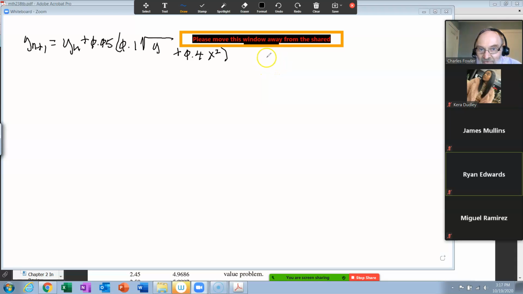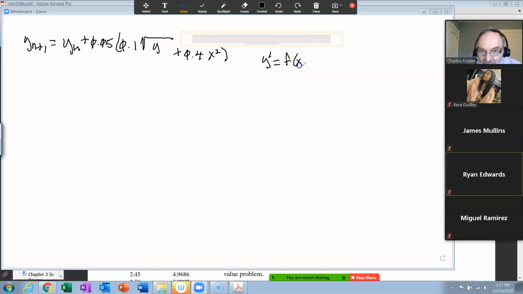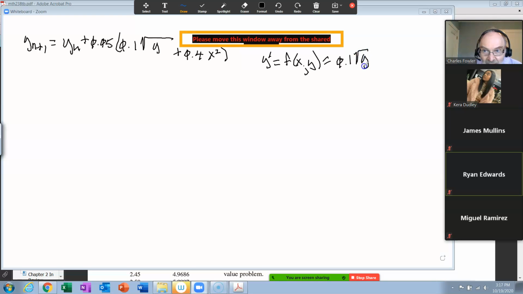Okay. This is assuming, remembering our y prime, which is your f of x, y, which is, in this problem, this thing right here that we had, 0.1 square root of y plus 0.4 x squared, given y at 2 is equal to 4.